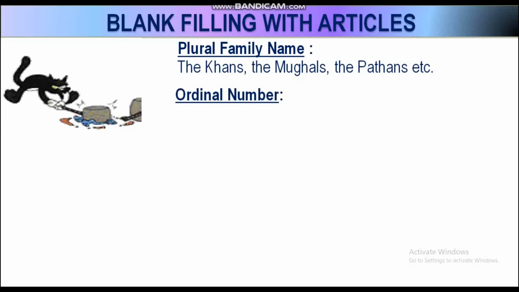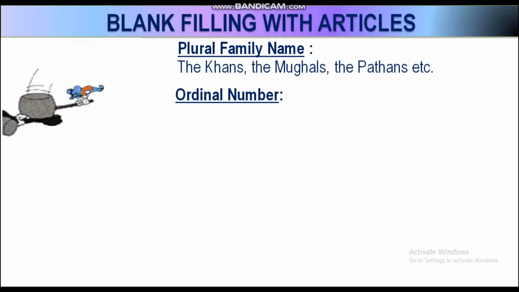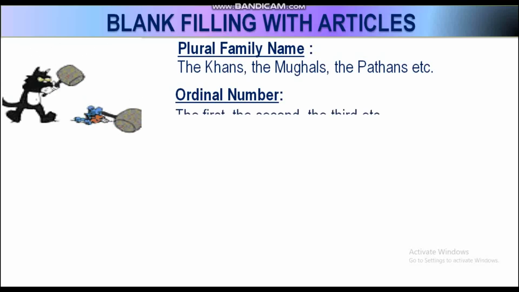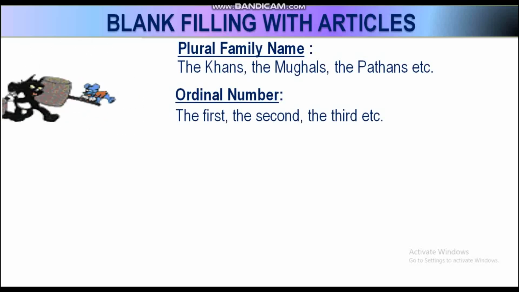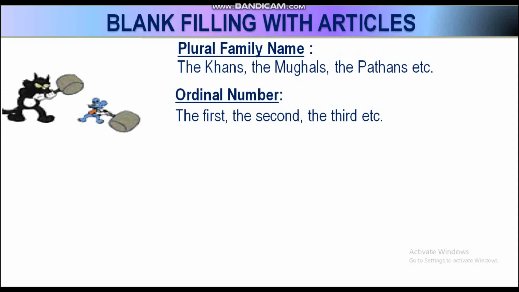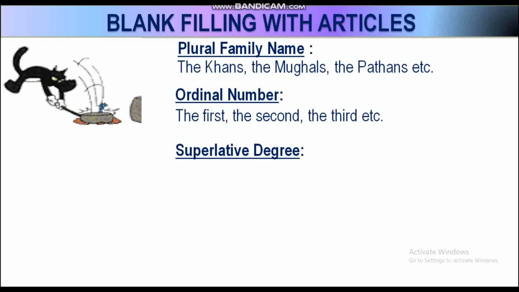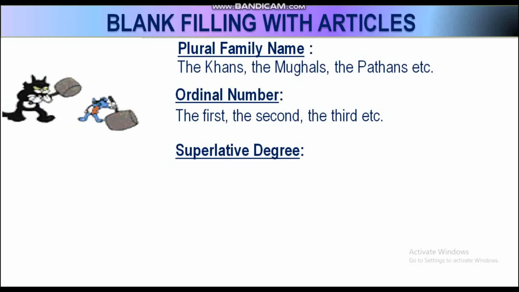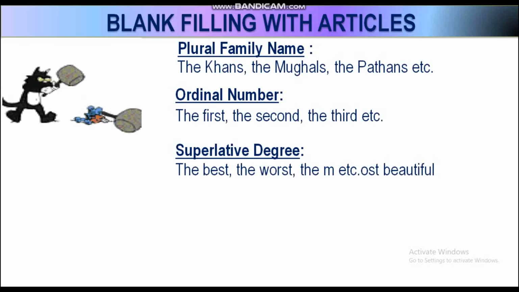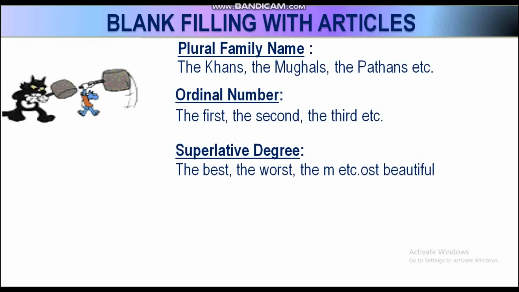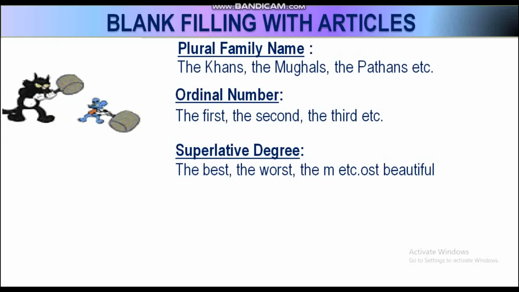Ordinal number. Article the is used before ordinal number. For example, the first, the second, the third, etc. Superlative degree. Before superlative degree, such as the best, the worst, the most beautiful, etc., article the is used.